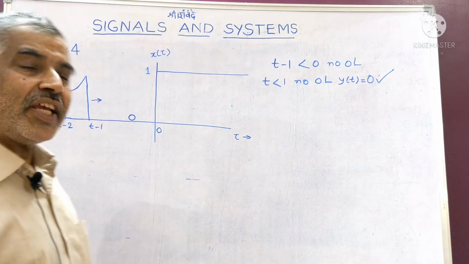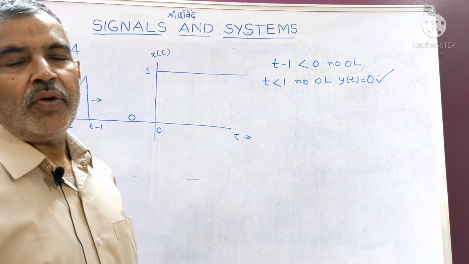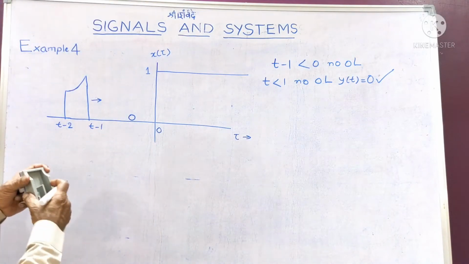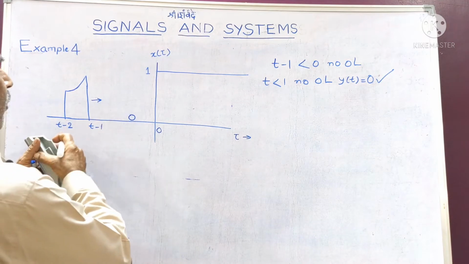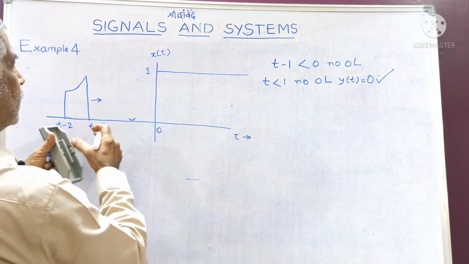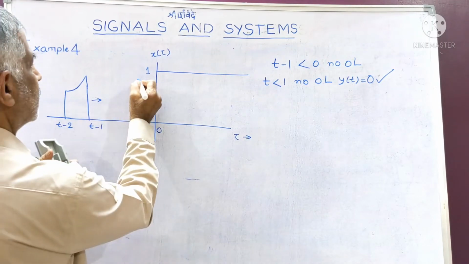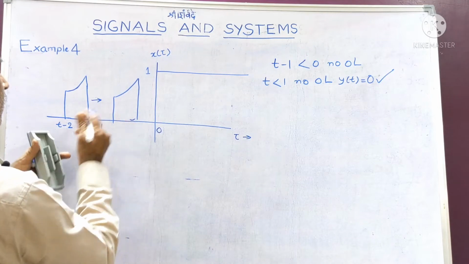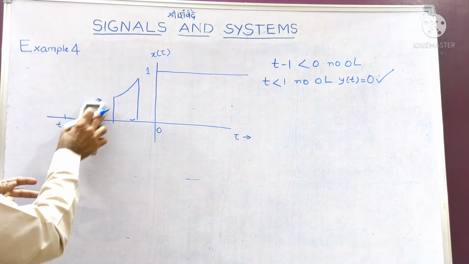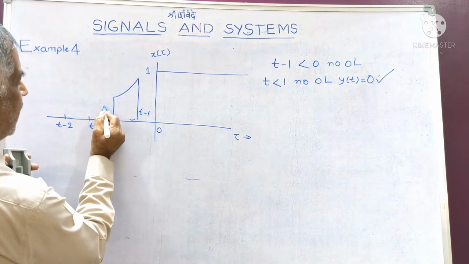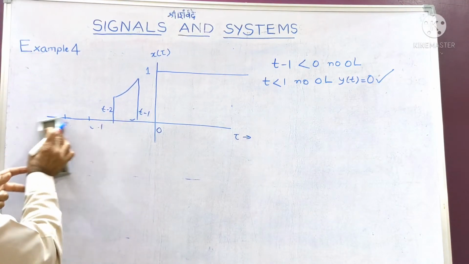Next we have to consider what is going to happen for t greater than or equal to 1. Now I will show this waveform has approached here. T minus 1 edge, t minus 2 edge.